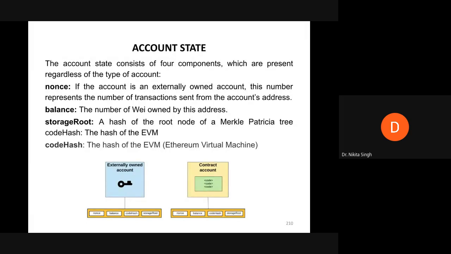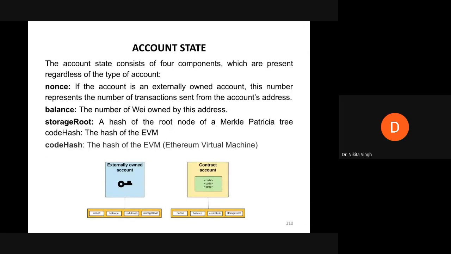Whenever there is no data or content, this storage root will be empty. All right. Then we have a code hash. We will see later what the Ethereum virtual machine is. But for now, code hash is the hash of the Ethereum virtual machine. Okay.